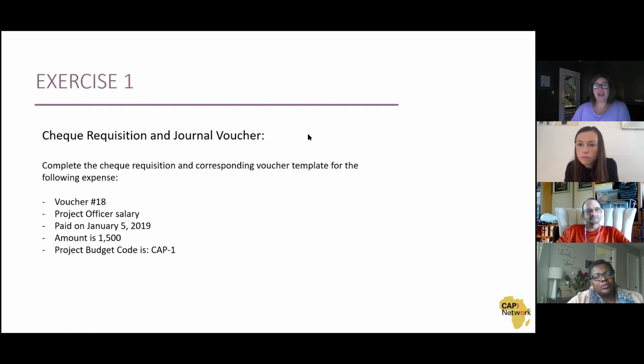In the package that Katie sent you, there were these templates. I think she shared these templates with you. So here's an opportunity if you wanted to try to fill out one of these, if you've not seen these kind of vouchers, if you've not worked with this before, now would be a time you could do that.